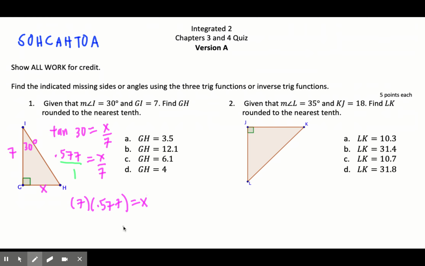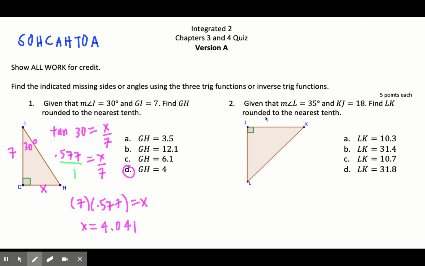And then you just want to multiply your answer on your calculator by 7, not your rounded thing. And then that's x equals 4.041. And then when you round that, you only round your final answer. That's D.